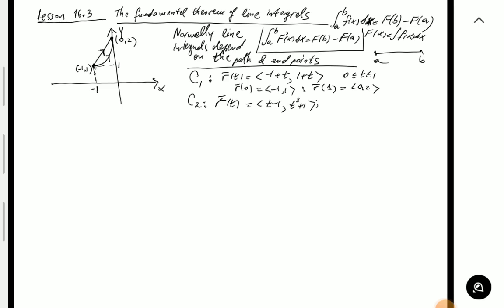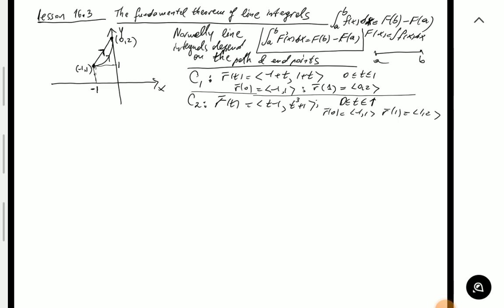The parameter domain for the second curve is also 0 to 1. It doesn't have to be, but in this case it's just 0 and 1. So just like before, r of 0 is minus 1, 1, and r of 1 is 0, 2. So I picked two curves that start and end at the same point.